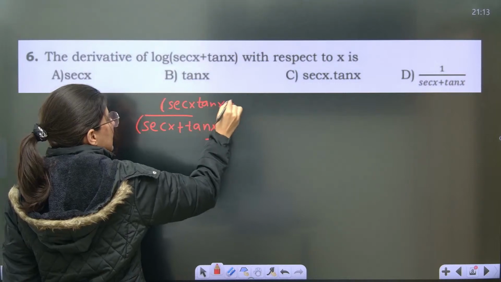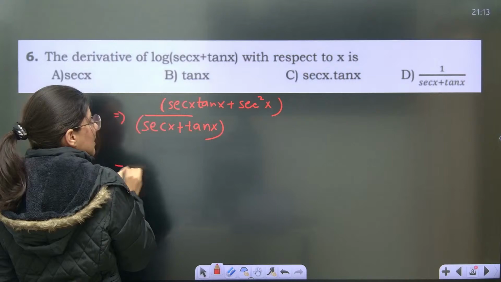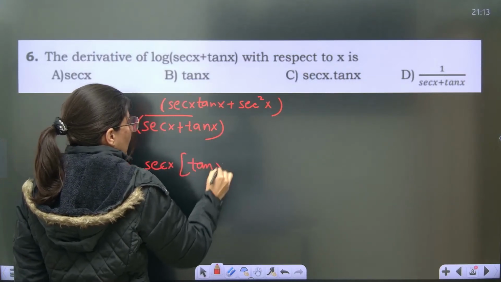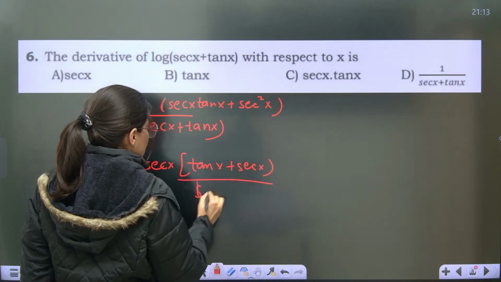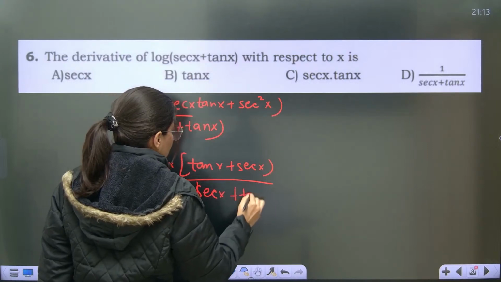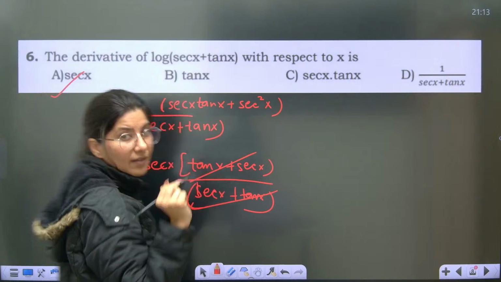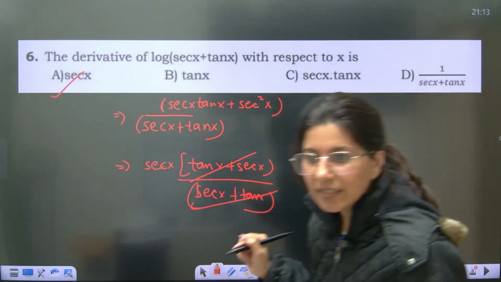Chain rule, plus sec square x. So what I can do is take sec x common. So you are going to get tan x plus sec x. And obviously sec x plus tan x is already there. So just tell me which option is correct. Sec x, which is option A. Yes, absolutely.